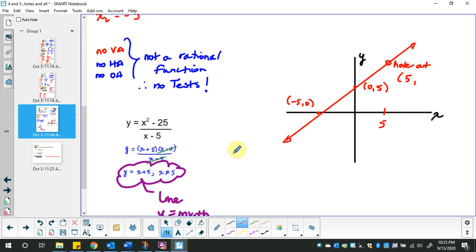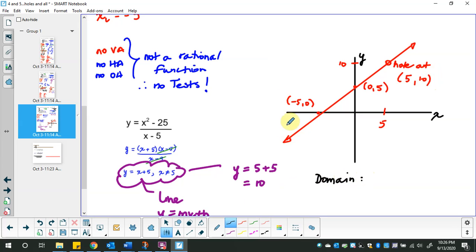And do you remember how to find the y value for that? You take the x value of 5 and put it into what was left. So that's actually 10, which means this is 10. And now we can go on and do domain and range. So domain. Sideways.